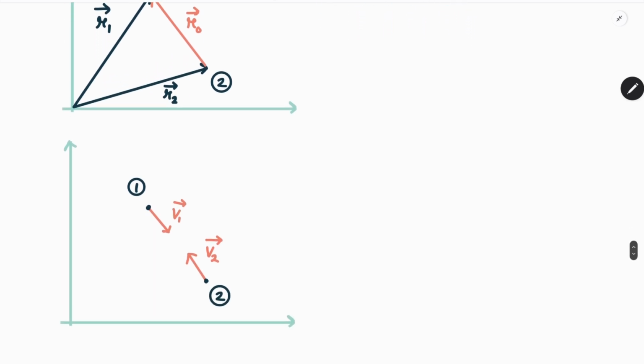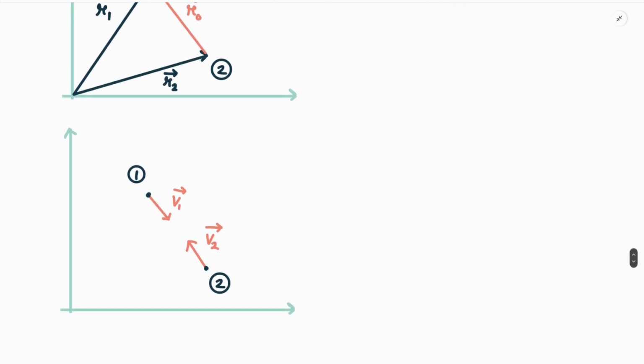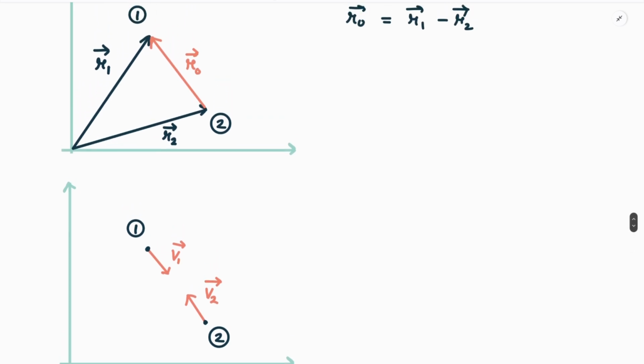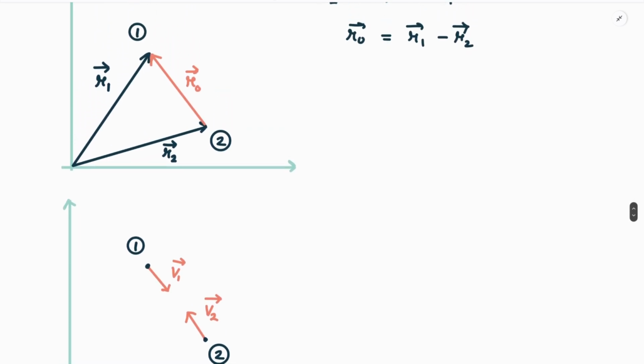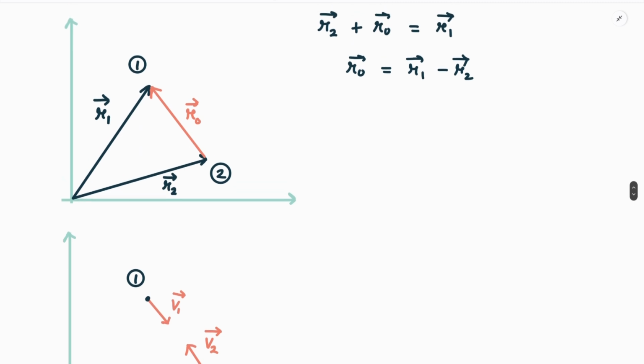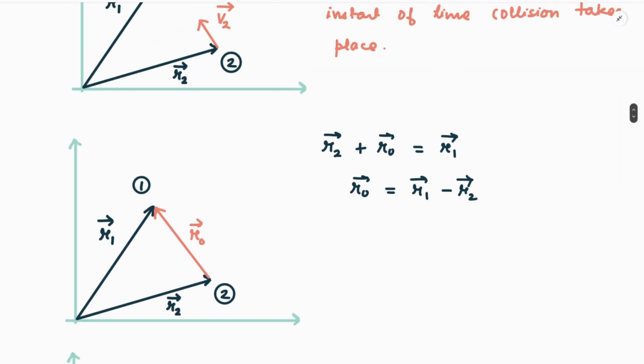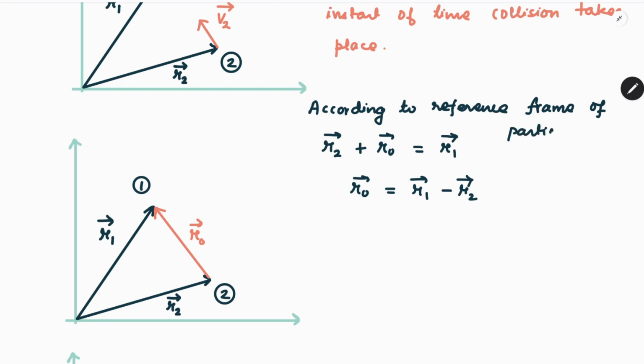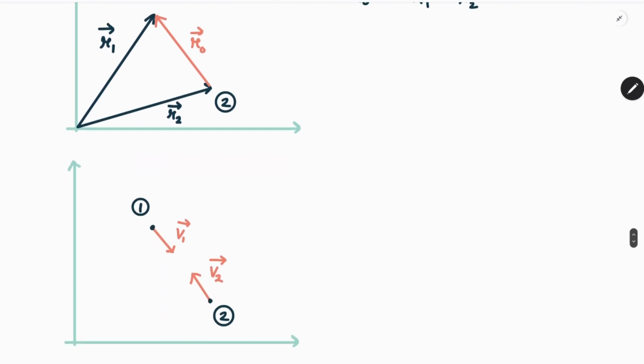Now if we consider these two velocities v1 vector and v2 vector, and write the relative velocity, over here we have considered particle 1 to be at rest, or we are solving from the reference frame of particle 1. So according to the reference frame of particle 1 we have expressed this expression.